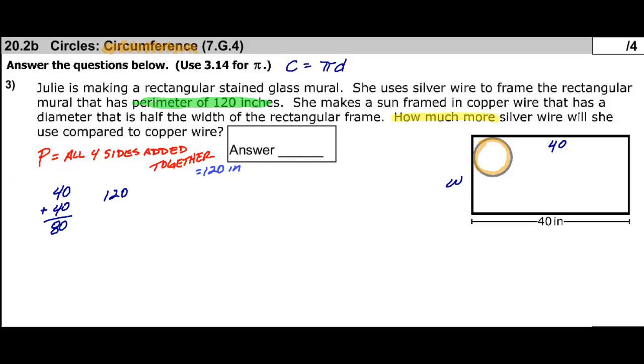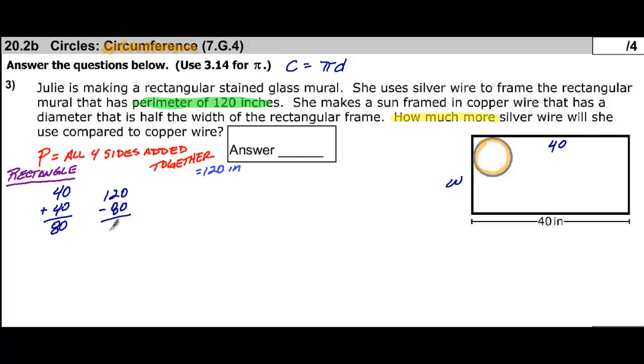Now let me just label it here. This is all the work to get the rectangle. Problems like this are problems that you have to break down into parts. So this is work for the rectangle. So we have the 120. We take away the 80, which is these two lengths put together here.